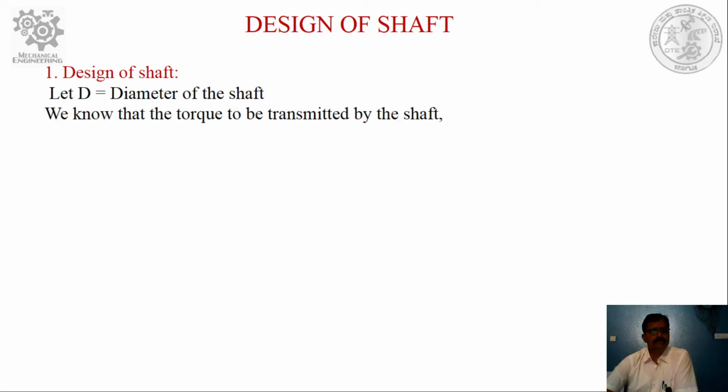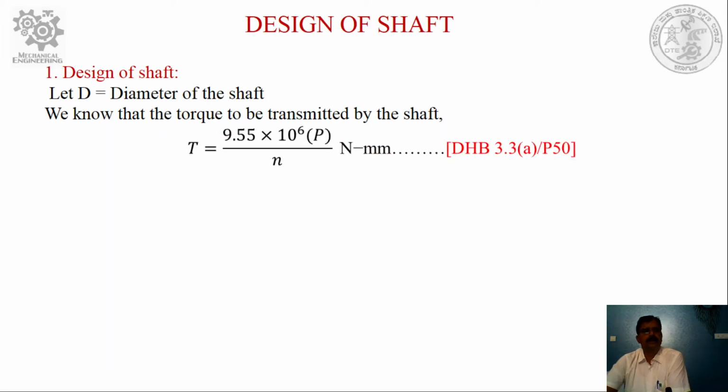We know that the torque to be transmitted by the shaft, T is equal to 9.55 into 10 to the power 6 into P divided by N Newton millimeter. We extracted this T from the power transmission equation, that is P is equal to 2 pi NT divided by 60 in watts. Similarly, 2 pi NT divided by 60,000 is in kilowatt.